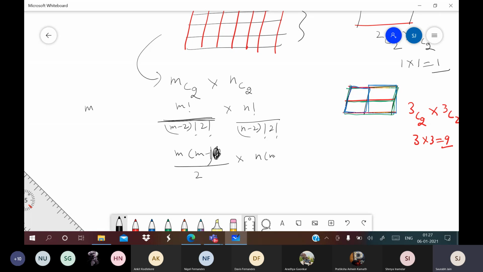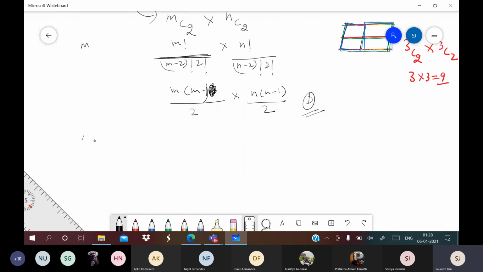Then similarly n into n minus 1, n minus 2 factorial will be cancelled from the denominator. It is 2 here. So ultimately it is 4. So D will be the option. You can remember it as a standard result also: m parallel lines intersected by another n parallel lines, the number of parallelograms is mC2 into nC2. Simple.